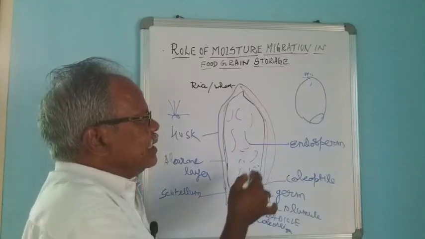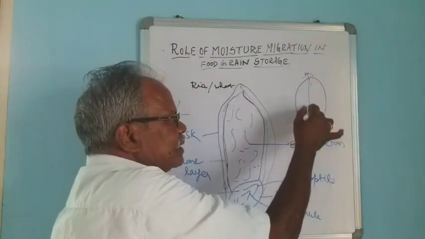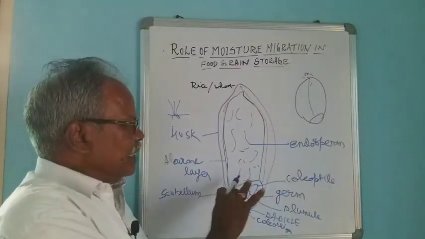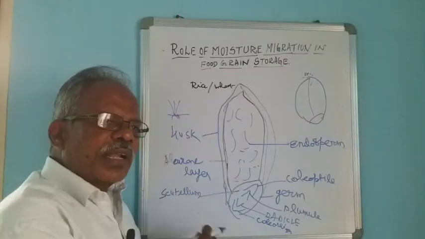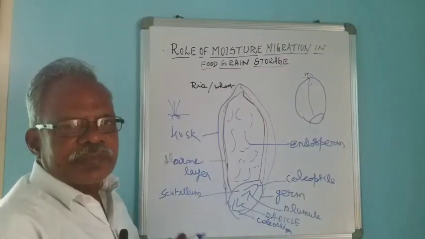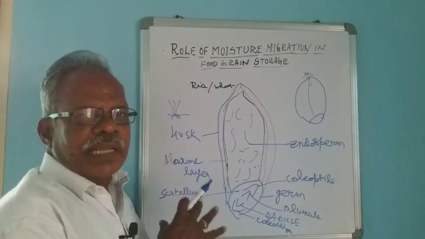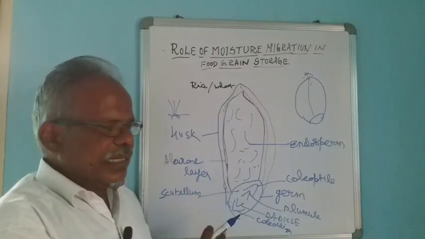Another thing, wheat has a dorsal side and a ventral side. The ventral side has a furrow-like structure. That is the difference between wheat and rice, but both are monocot seeds. This is with regard to the grain structure. One has to understand what endosperm is.